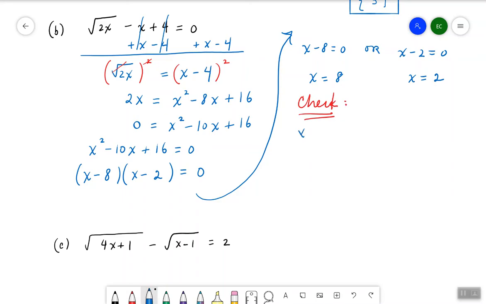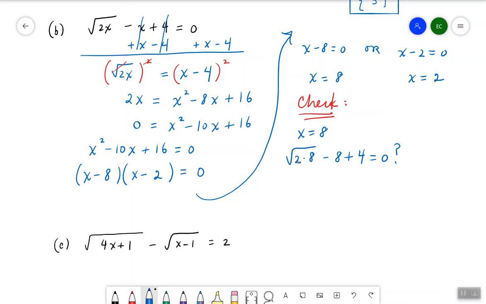If we check x equals 8, then that gives us, back in the original equation, the square root of 2 times 8, minus 8 plus 4, equal to 0. And it's a question.